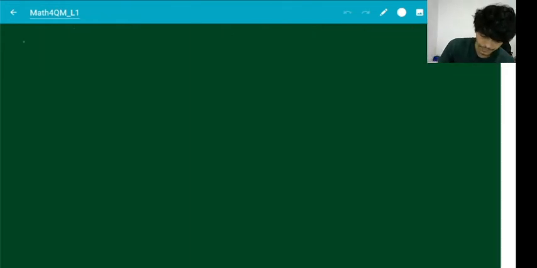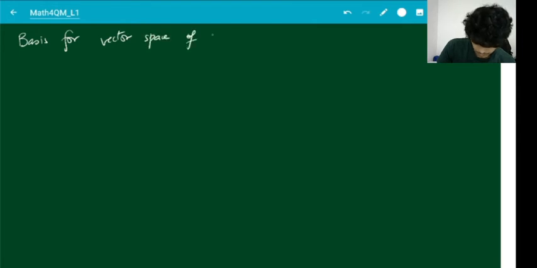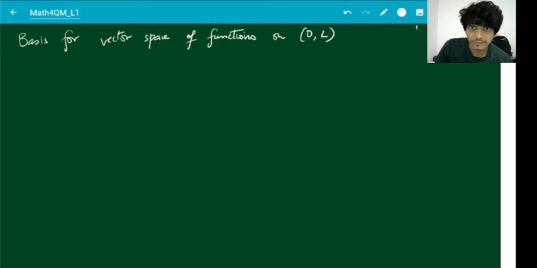So, a basis for the vector space of functions defined over the interval 0, L. Okay.